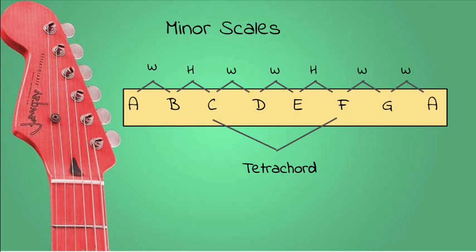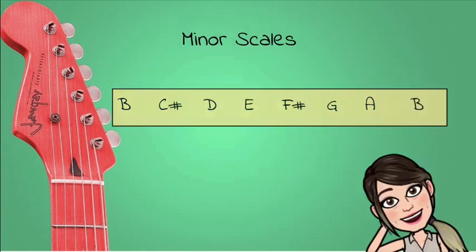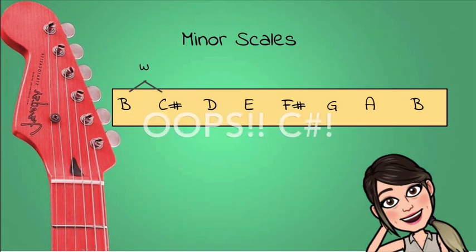Now let's do one with sharps. This is the B minor scale. B to C sharp is a whole step. Next, we need a half step. C sharp to D is a half step.